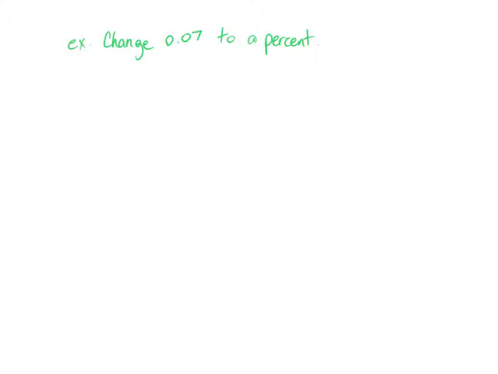So going the other way, now we have to multiply by 100 in order to change from a decimal to a percent. So let's write that down so we don't forget it. From a decimal to percent, we move the decimal point because we're going to be multiplying by 100. We move the decimal point 2 places to the right.